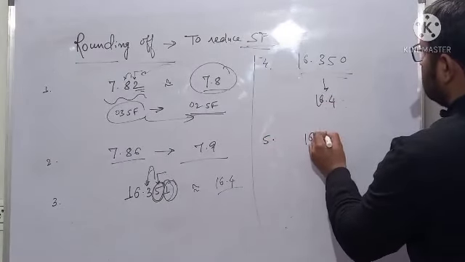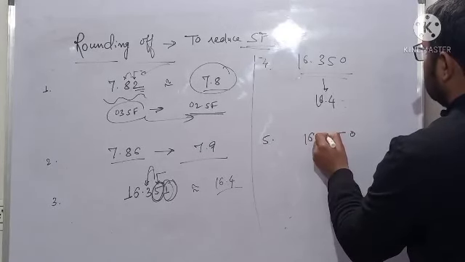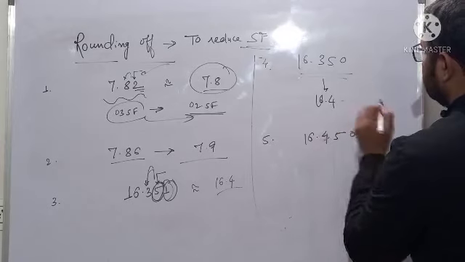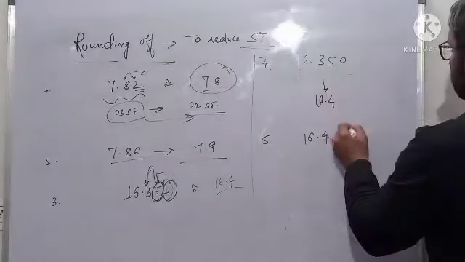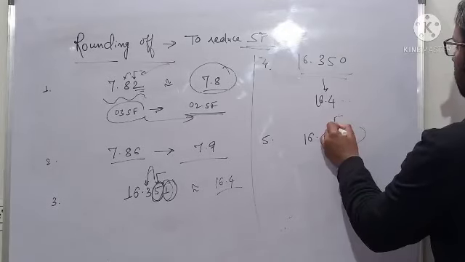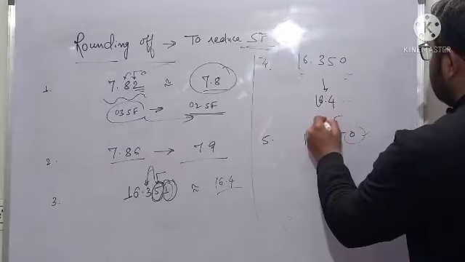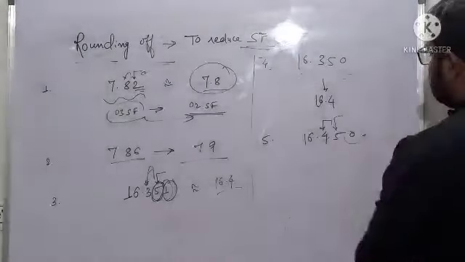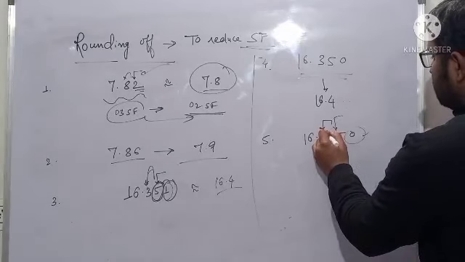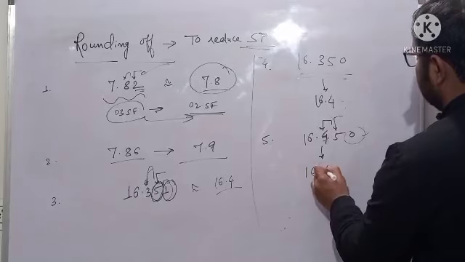If the condition is the same, if the digit to be dropped is 5 and it is followed by a 0, then we have to check the evenness or oddness of the digit preceding it. If this digit is even, it will not change, it will remain the same.